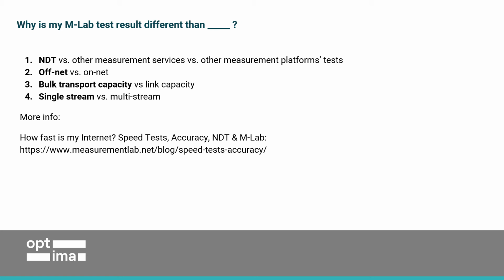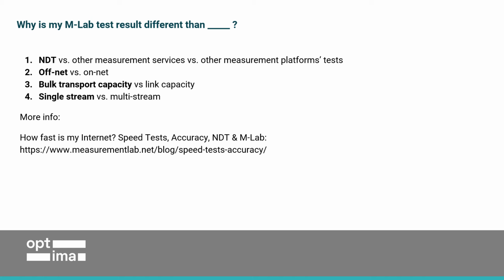To give it a little bit more context, we get this question all the time. Why are MLab's tests different than other internet speed test results? The answer seems too simple, but it's true that they are measuring different things. So in summary, keep in mind the things that characterize NDT data and more broadly, MLab data. NDT measurements are different from other MLab measurement services and from the results of other platforms' tests.